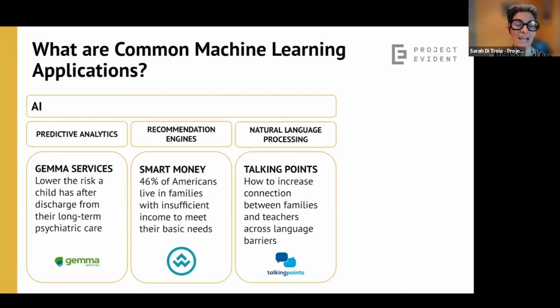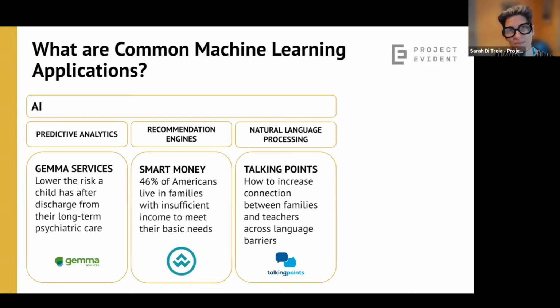Because it's not every interaction between a family and a teacher that's going to result in a better outcome for a student. It's more likely if it is less transactional, so-and-so forgot their lunch, versus so-and-so had a death in the family, or so-and-so is really struggling with math. And so they're going to experiment with what it looks like when they do prompting or nudging to encourage teachers and families to have these types of communications.